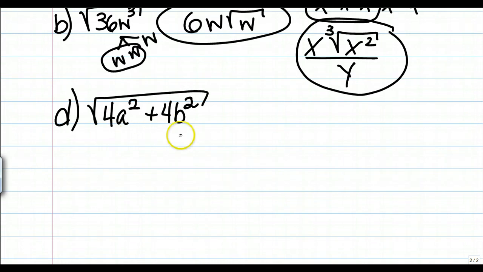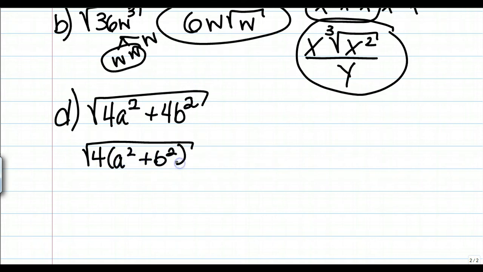This one's kind of tricky, but if you follow me here for a second, you're kind of looking at this like a factoring problem. Well, we could take a GCF out, a 4, and we'd have a squared plus b squared left over. And when I look at just 4, we could take the square root of 4, and you know that would just be 2.